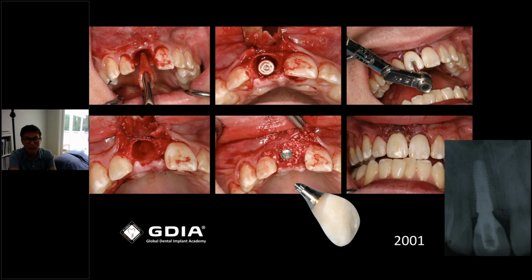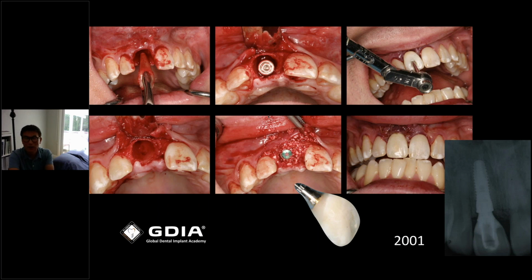We put in a large implant, but obviously that kind of causes resorption of the labial bone. So instead of that, you can just place it palatally inclined. And then I'm using the patient's own tooth, the broken one, to make a temporary abutment with a temporary crown.